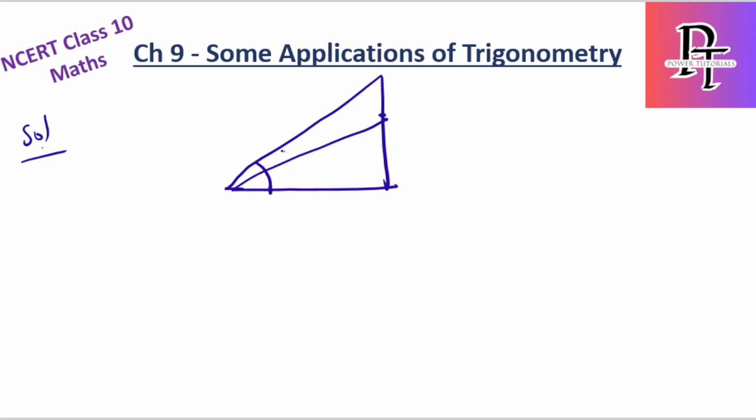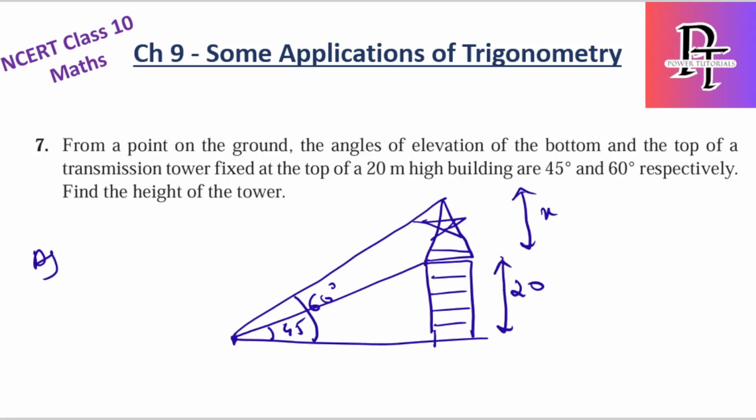Okay, the total is 60, the small one is 45, the building height is 20. They are asking to find the height of the tower. Let's mark some points so that it will be easy to identify. Let's write A, B, C and D. So here BC is the building, CD is the tower, and A is the point on the ground. The building height is 20. Let's find the height of the tower.